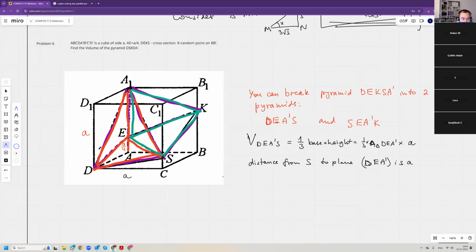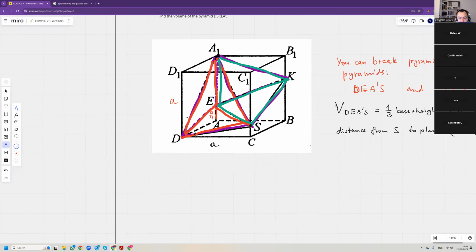The distance from S to the other plane is equal to A.